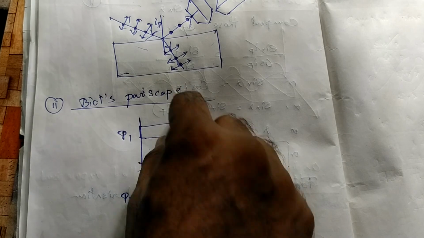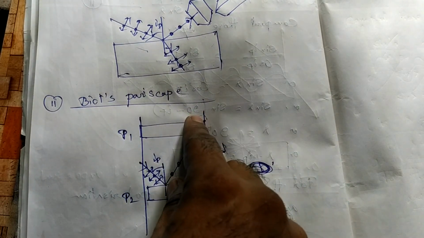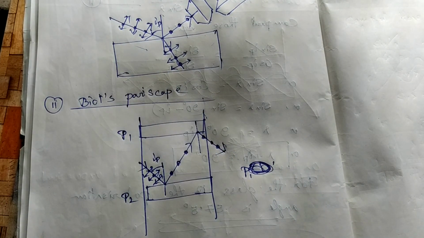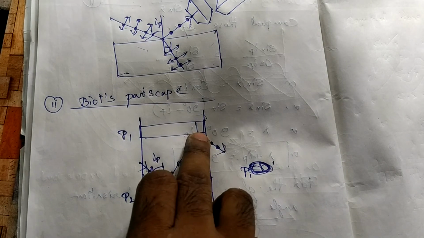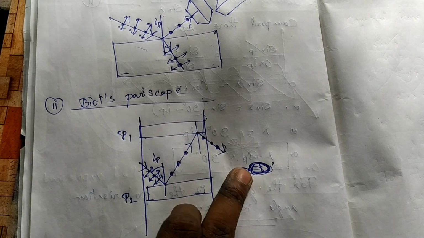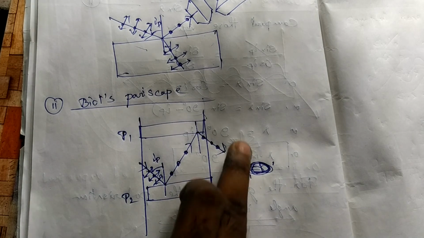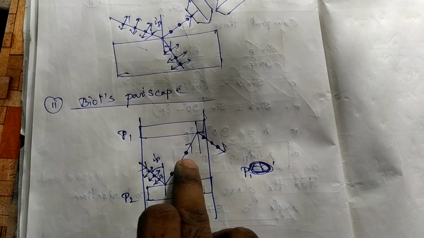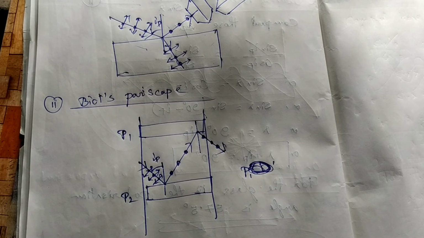If you change the angle between these two plates, then we cannot see any light. That means no light is reflected through the second reflection. So that means this light is polarized. Clear? So this light is polarized.